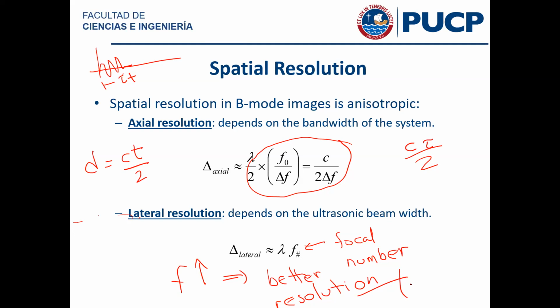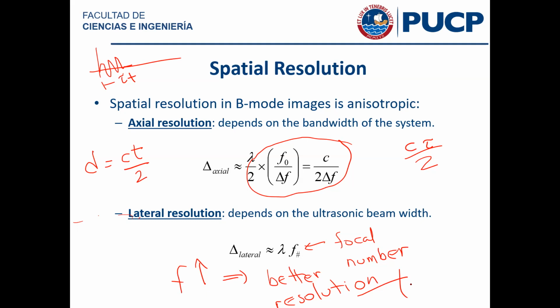So if you go to higher frequencies, those are going to be attenuated faster. Actually, typically it's exponentially faster. So you want to have a frequency that's high enough that it won't be completely attenuated by the medium. And that would depend on the clinical application you're looking at.